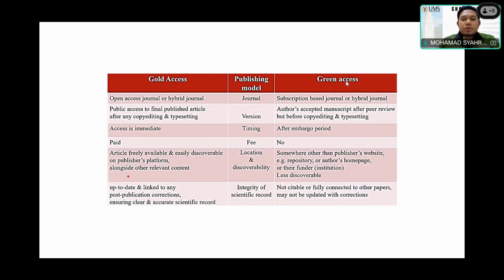If you choose green, you don't have to pay, but the community who can access your paper is only the university, those who have access to the university databases, maybe via university Wi-Fi and so on. Public access to the final published article, paid versus no. Article freely available, okay, fine. Integrity of the scientific record.